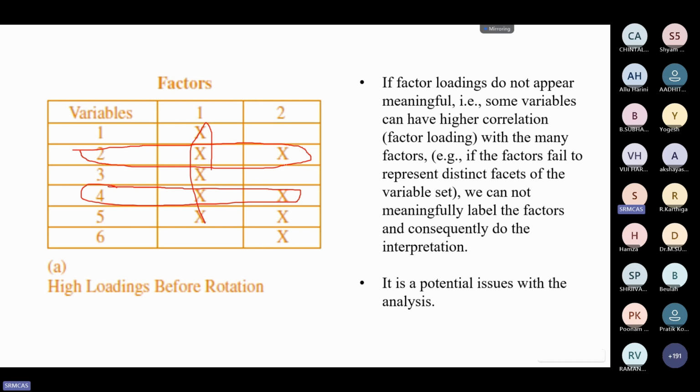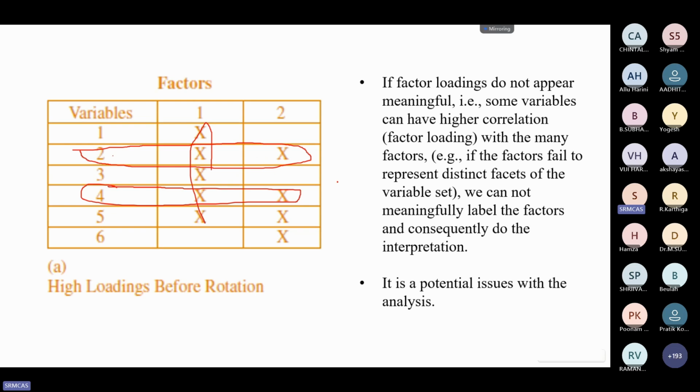In such cases, we cannot decide whether variable 2 should be considered under factor 1 or factor 2, and likewise for variable 4. So here we have some confusing situations compared to the other variables, and we have to avoid such situations.